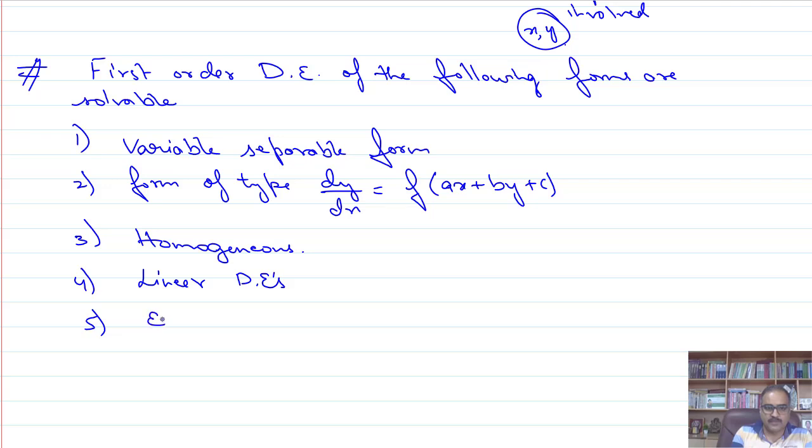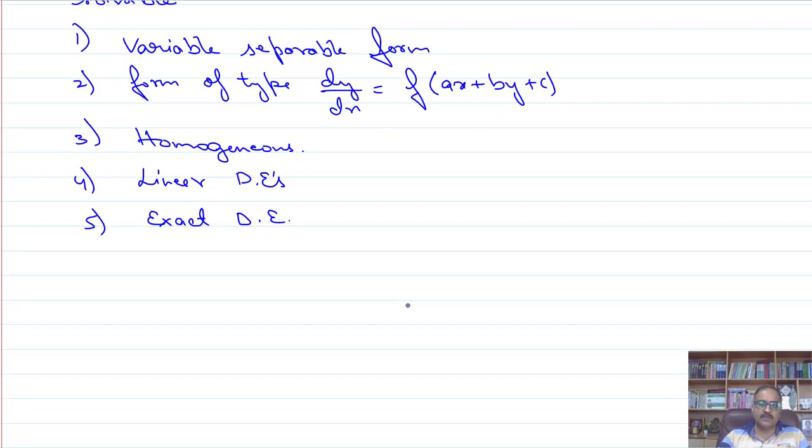And number 5, exact differential equations. So one by one we will be discussing all the types: variable separable, dy by dx equal to f of ax plus by plus c, and then homogeneous, linear, and exact. So this video, or I can say this series, will consist of multiple parts explaining each of the types with a number of examples. So today I am starting with variable separable form.